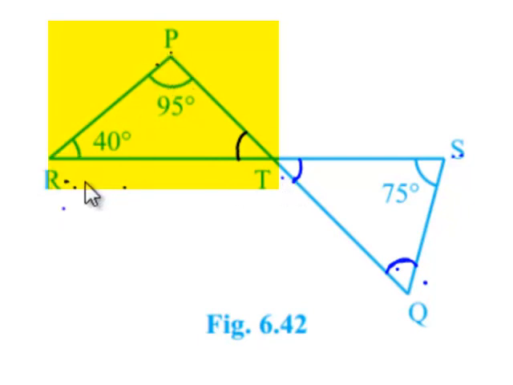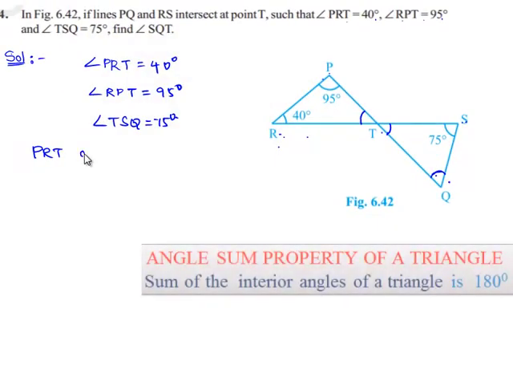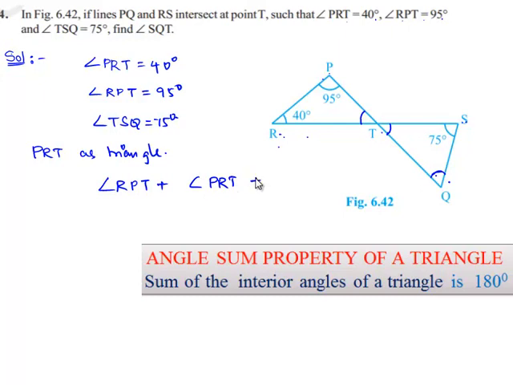Therefore, let us consider in the first step triangle PRT, and the sum of angles in a triangle is equal to 180 degrees. We get angle RPT plus angle PRT plus angle PTR is equal to 180 degrees.